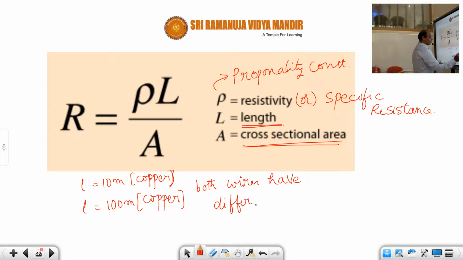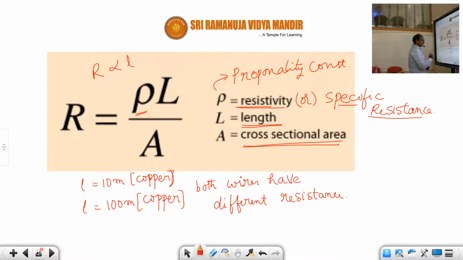Why will both have different resistances? Because the resistance of any wire depends upon the length of the wire. R and L are directly related. Understood? But the resistivity, this rho value, otherwise called the specific resistance, depends only on the nature of the material and the temperature of the material.